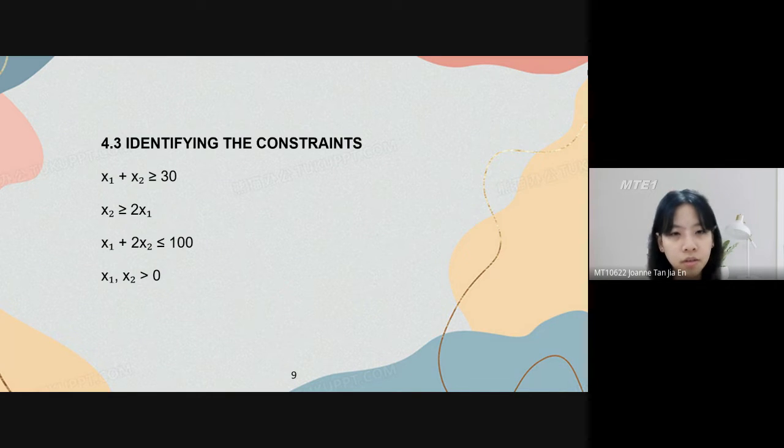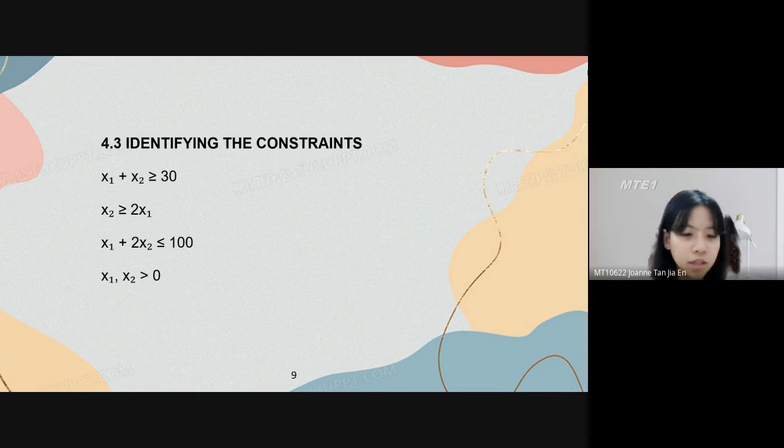So the second constraint is S2 greater than or equal to S1. Because the number of roses should not be less than the number of sunflowers, that means it can also be equal to the number of sunflowers.